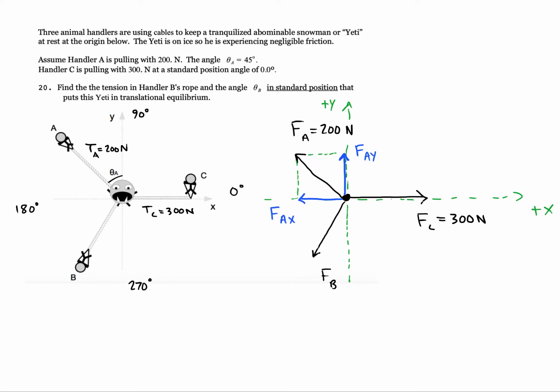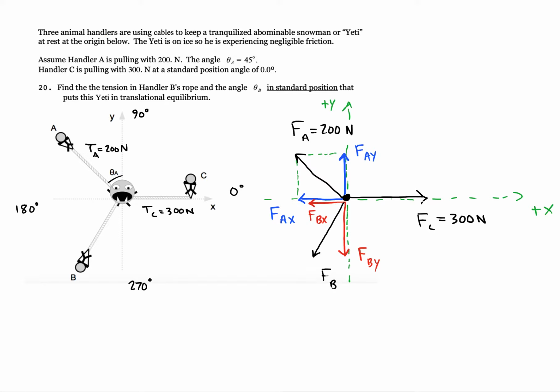And you want to do the same thing with the other force FB, which is not in alignment with them either. So you want to do a vertical component, FBY, and a horizontal component, FBX.